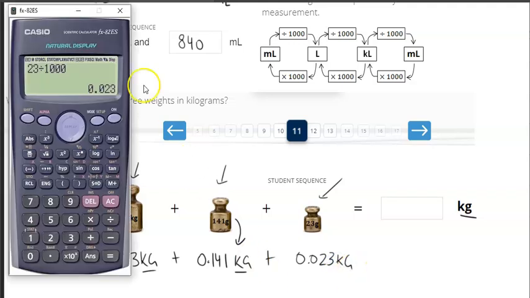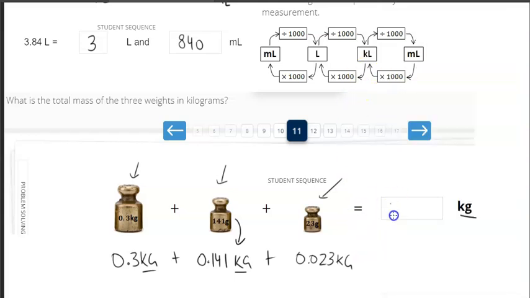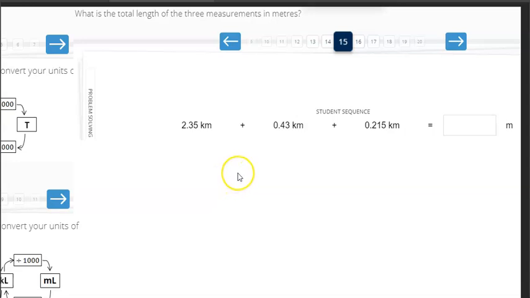Now that we know how many each of these little weights are in the form of kilograms, we can just go ahead and add them. 0.3 plus 0.141 plus 0.023 is equal to 0.464 kilograms.